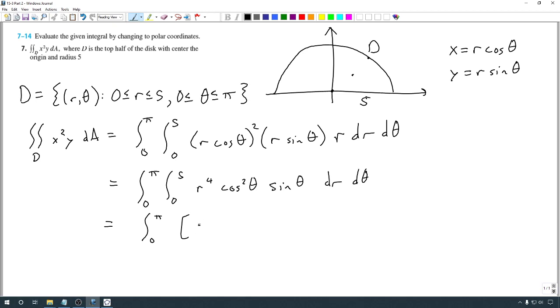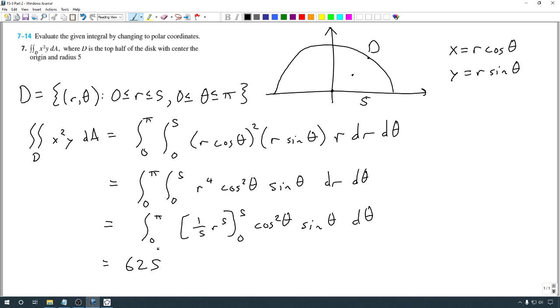So we have the integral of r to the 4th is 1/5 r to the 5th. That's going to go from 0 to 5. We could put the cosine squared and the sine inside there, but I'm just going to pull them out. When we plug in 5 to the 5th divided by 5, that's actually the same thing as 5 to the 4th, which is 625. When we plug in 0, obviously it's 0, so I'm going to pull out that 625.